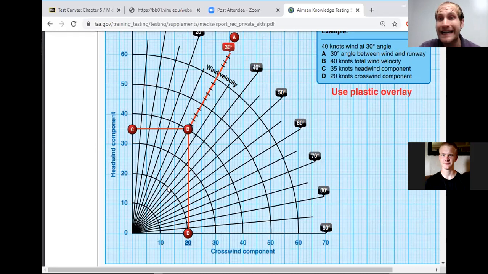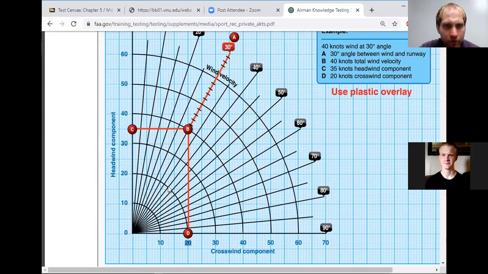If I read straight down, it'll tell me what the crosswind component is. If I read straight left, it'll tell me what the headwind component is. So this question is asking about crosswind component. If I move my mouse straight down, it looks like I'm at about 13 knots of crosswind.